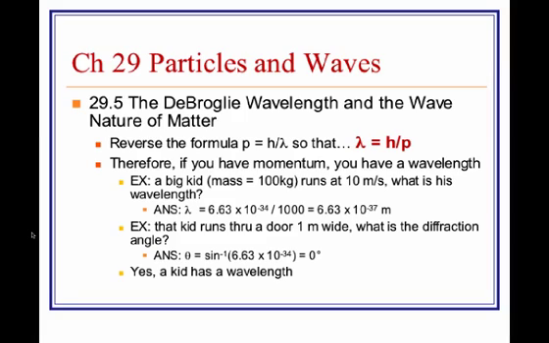He didn't put much experimental data into this, but predicted that every object has a set wavelength based on its momentum. For example, a moving baseball has a small amount of momentum, and it would have a wavelength of about 10 to the negative 34th meters, which is a really small wavelength.